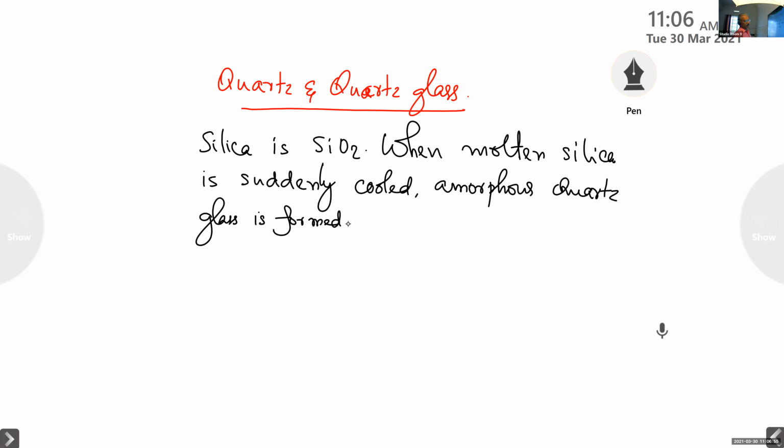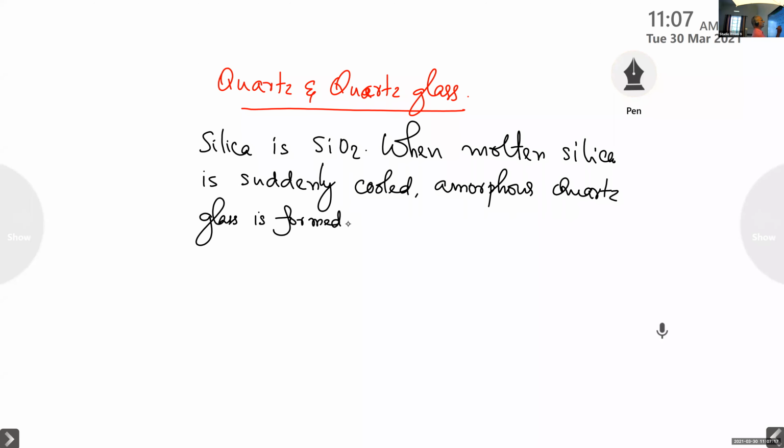Question: what happens when molten silica is suddenly cooled? There is formation of quartz glass, an amorphous variety of silica.